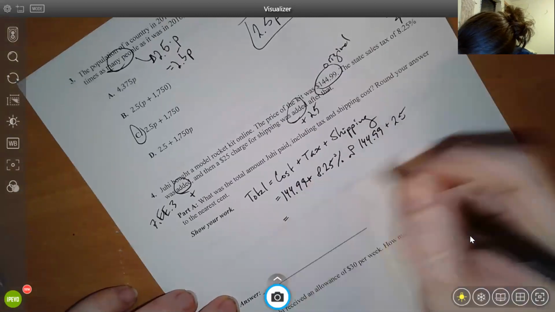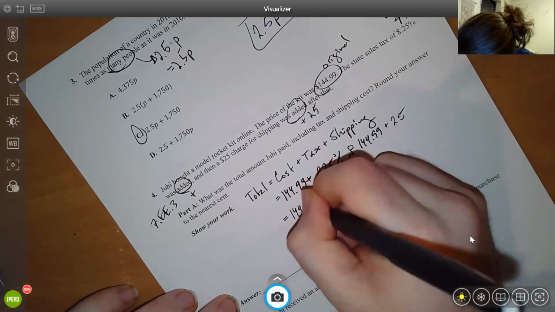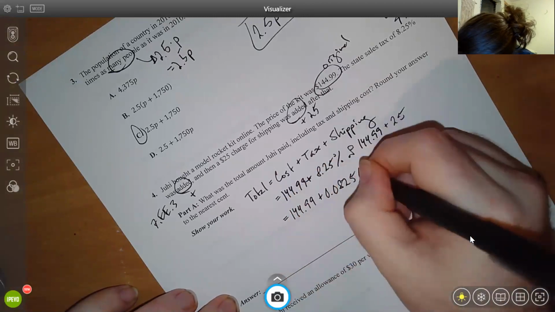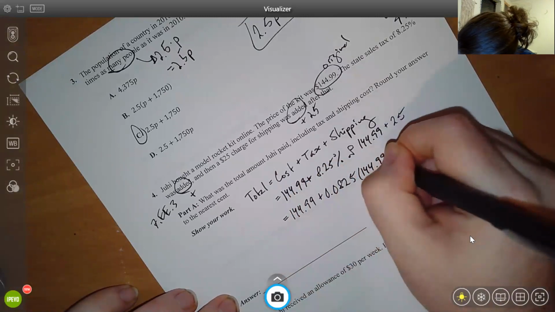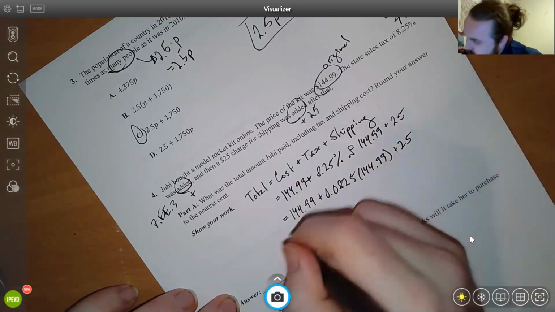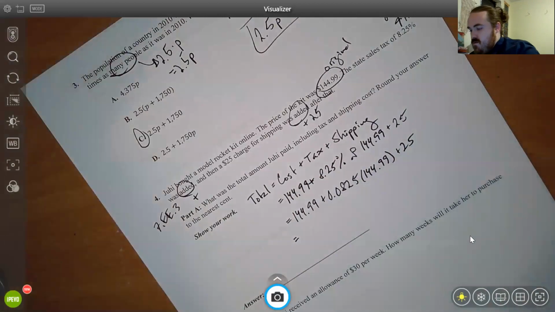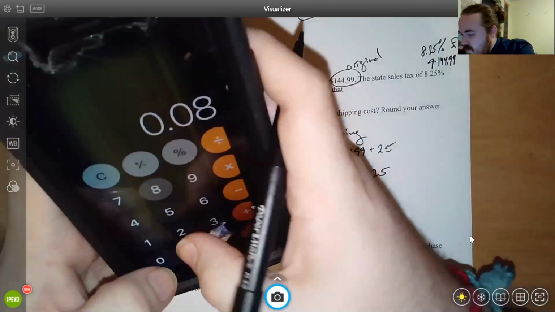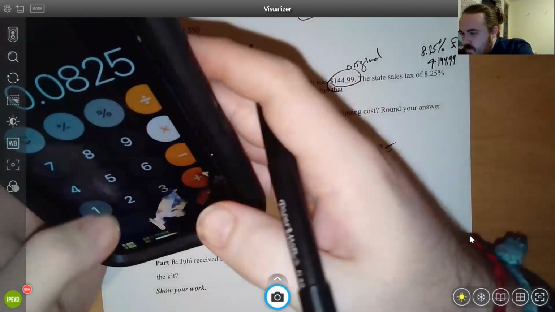So again, translate it into math. 0.0825 times 144.99 plus 25. Calculator. 0.0825 times 144.99.